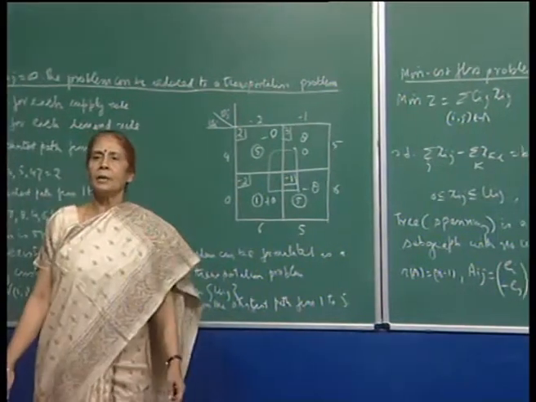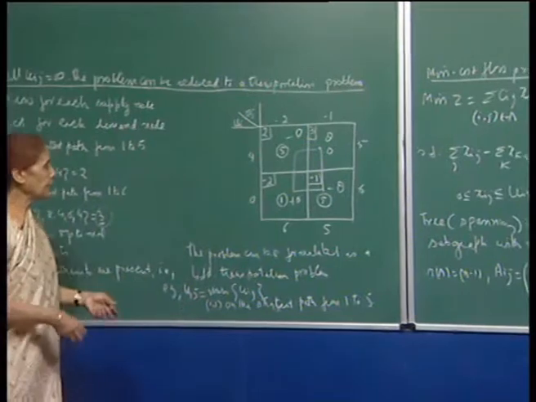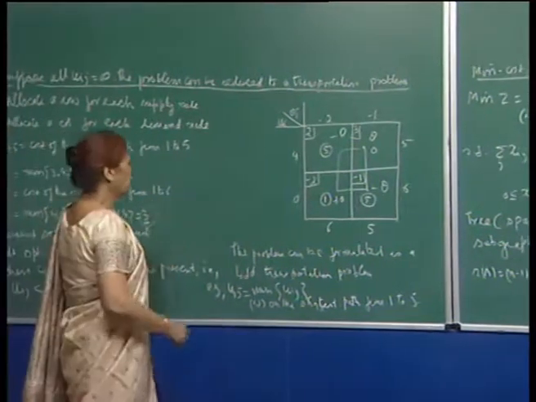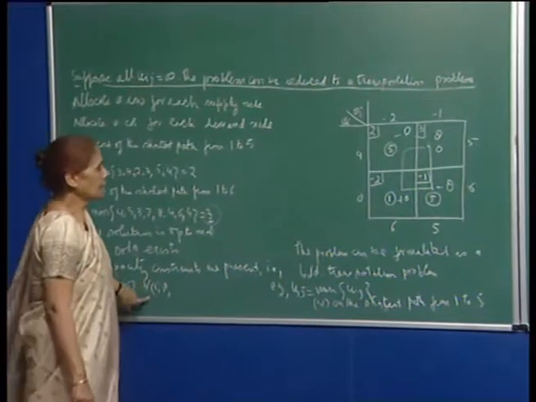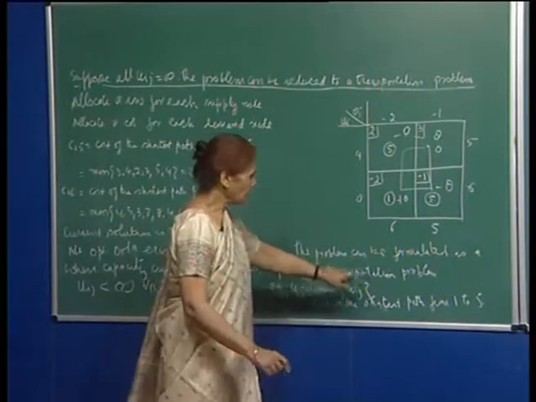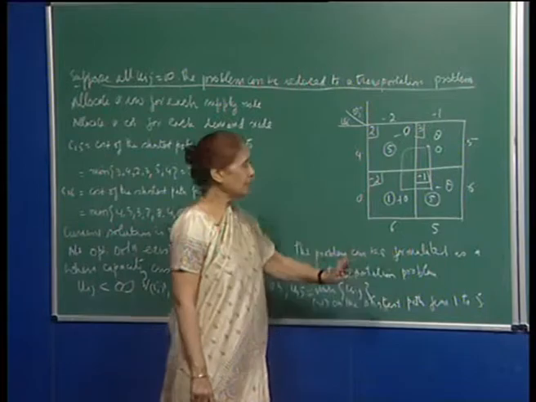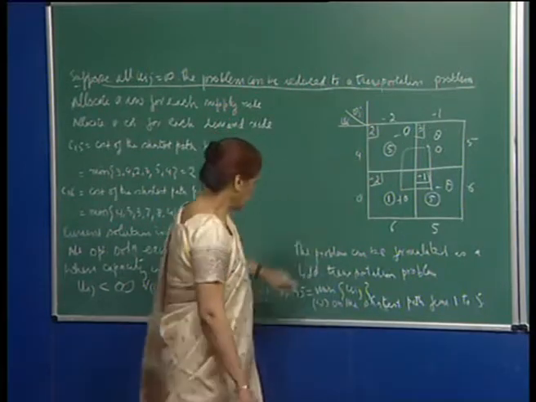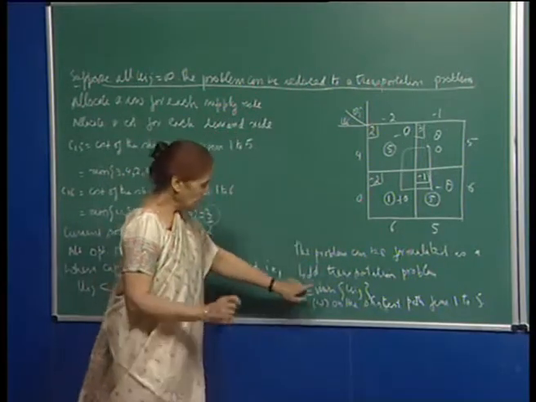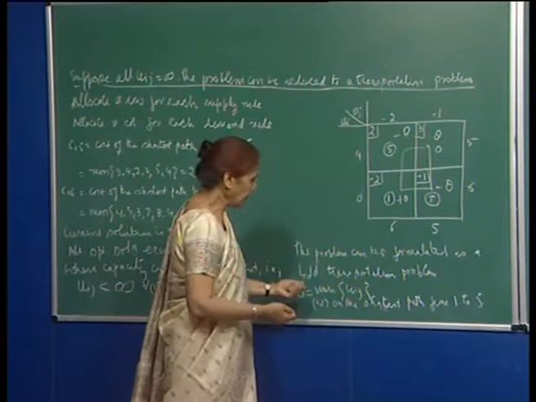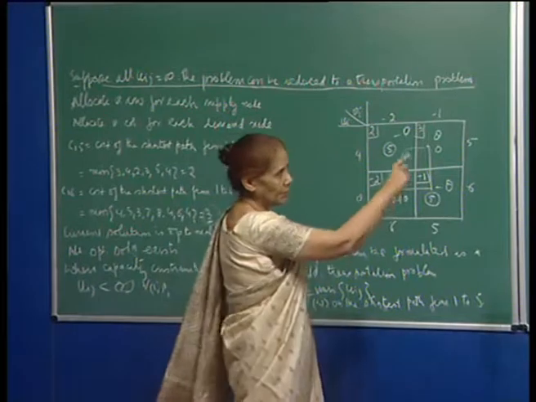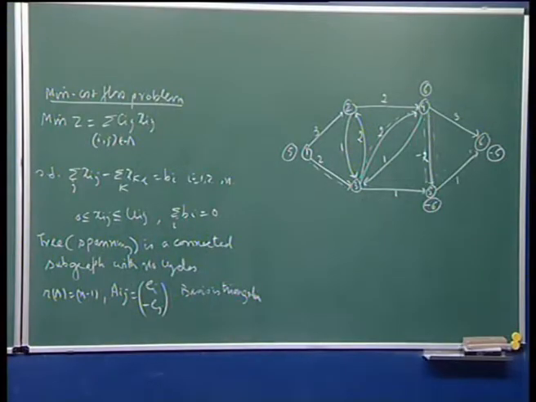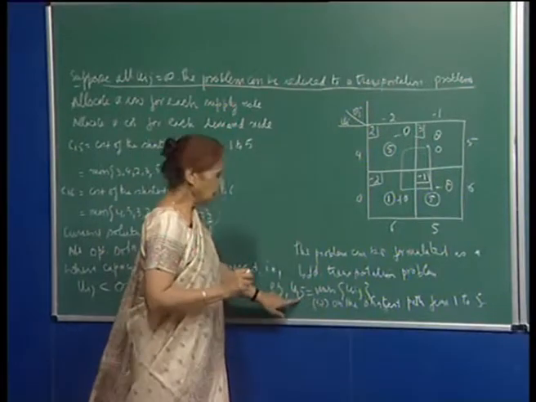So, this is the idea behind it, and if you have capacities, if the uij's were finite, as I said here, then the problem can be formulated as a bounded transportation problem. And what will we do? For example, to compute U15, the paths you had from 1 to 5, whatever the path, you will take the minimum capacity of all the arcs in the path, right, and that will be your U15.